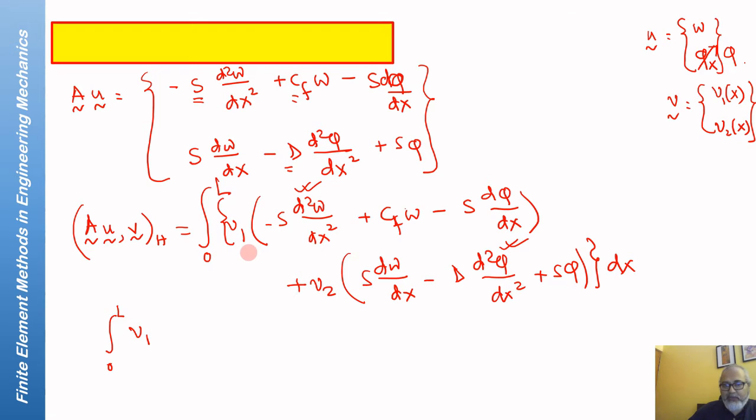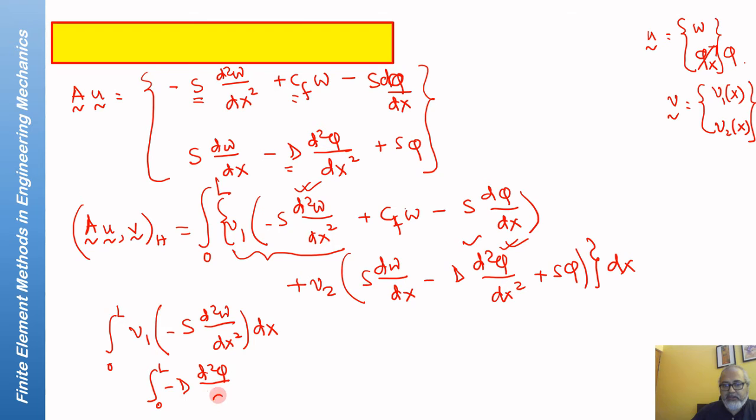So I'm looking at this first term. That is V1 times minus S d square W dx square dx, which is similar to this term, minus d square phi dx square times V2 dx.